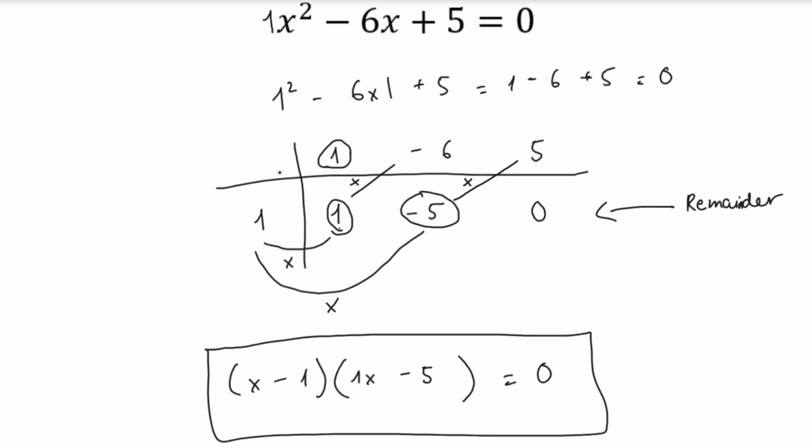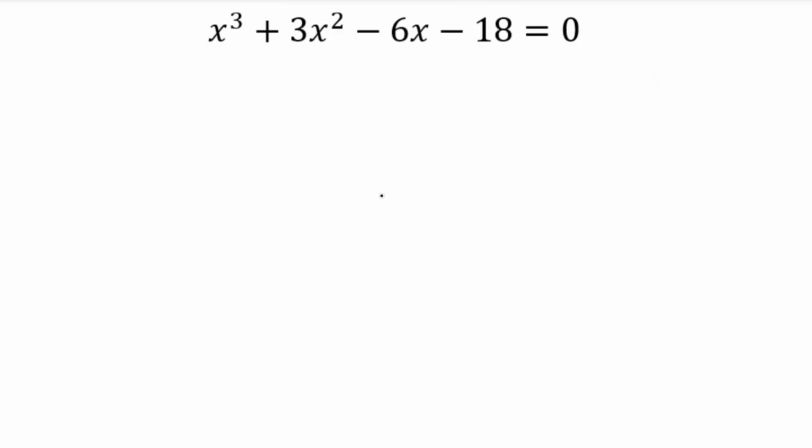That is how the Horner method works. We're going to go to the next example. You see that this is an equation. How do we factor this?